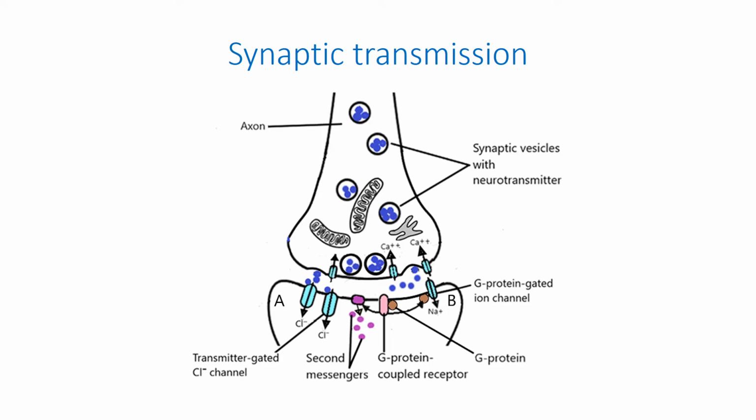The latter then generate second messengers, which in turn activate one or more secondary effector proteins. The secondary effectors initiate a wide range of intracellular signaling cascades that affect many aspects of cellular function and signaling.